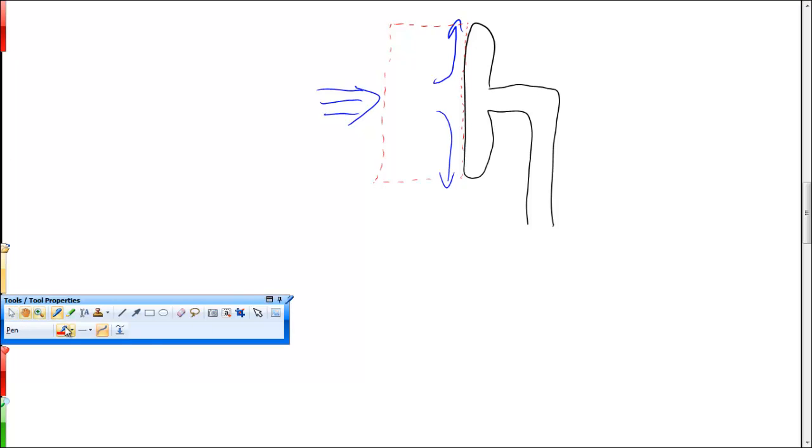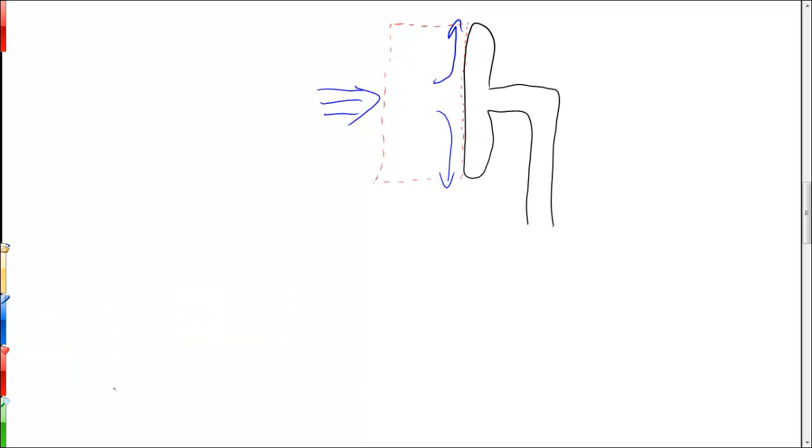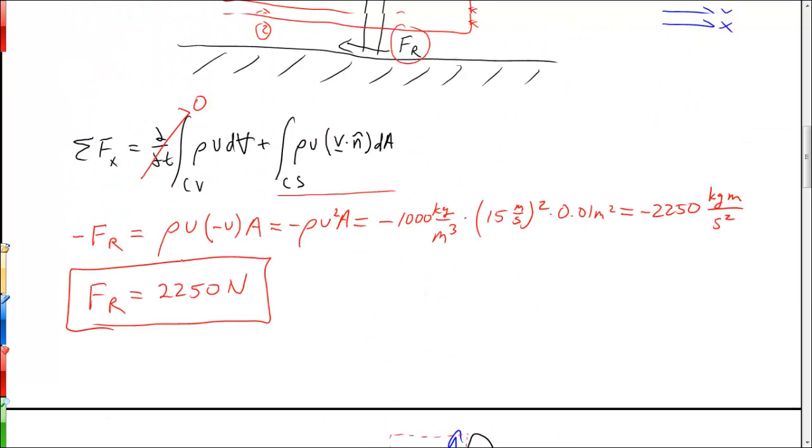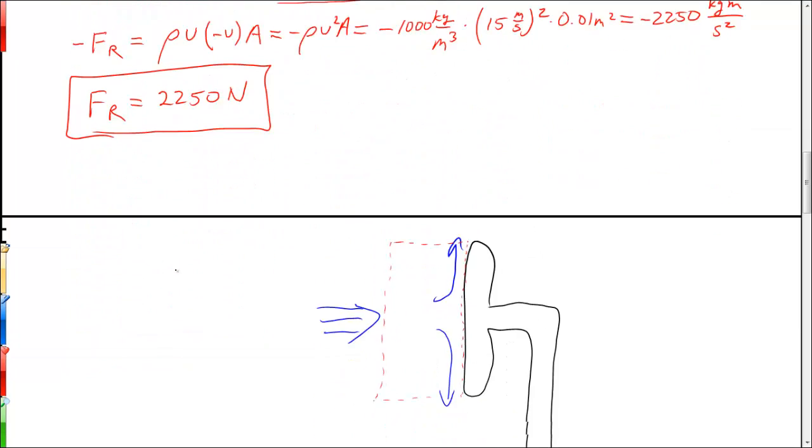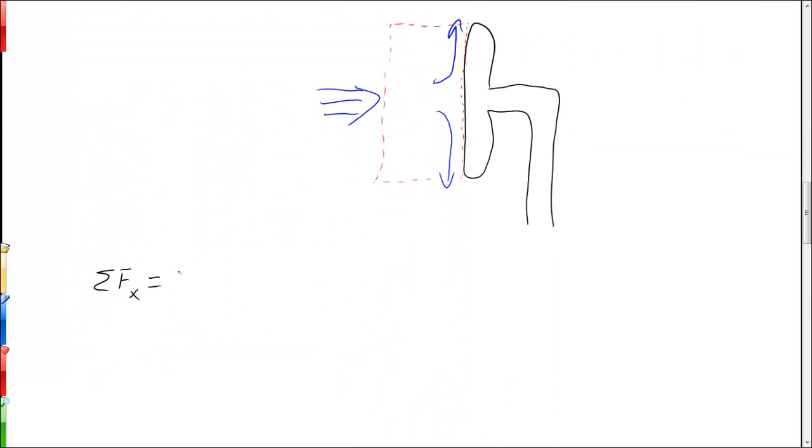Now, we can rewrite our equations, and we ended up with the sum of the forces in the x direction equal to, ignoring the unsteady terms, the integral over the control surface of rho u v dotted with n hat dA.